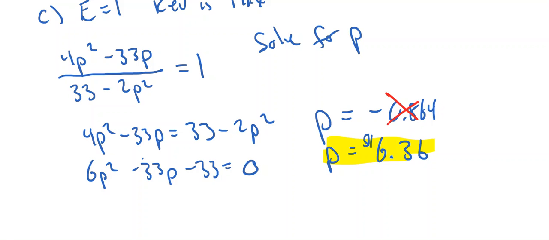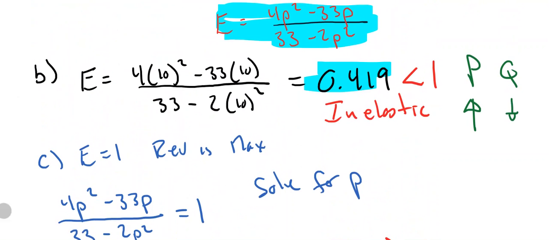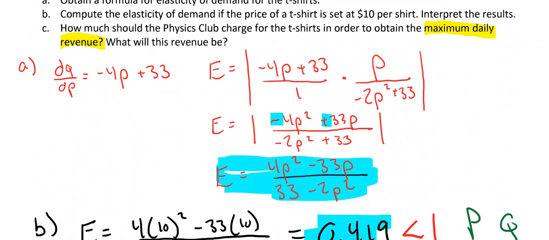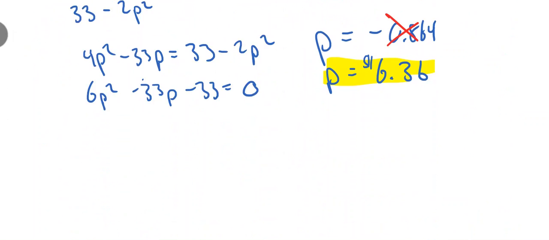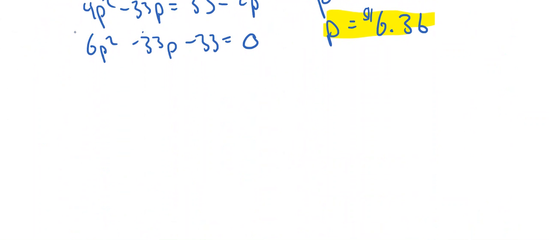And then finally, it says, what will this revenue be? So to find out what the revenue is actually going to be, we simply need to go to our revenue function once again. So revenue is price times quantity.